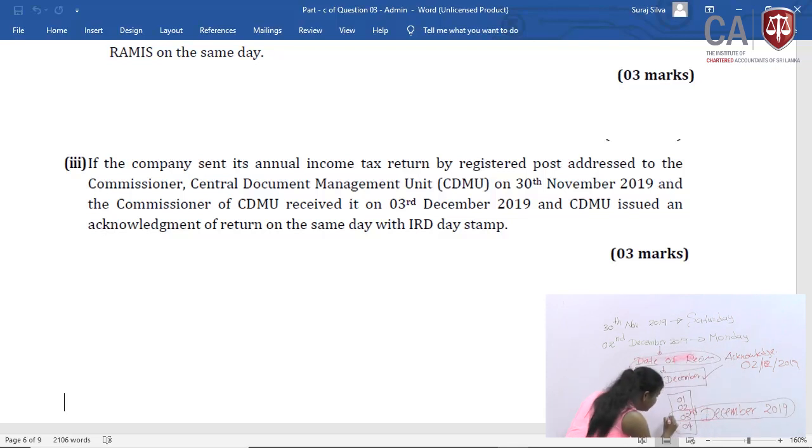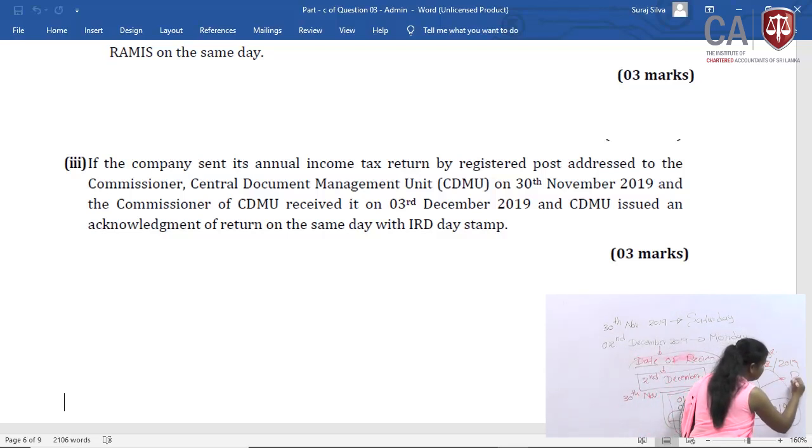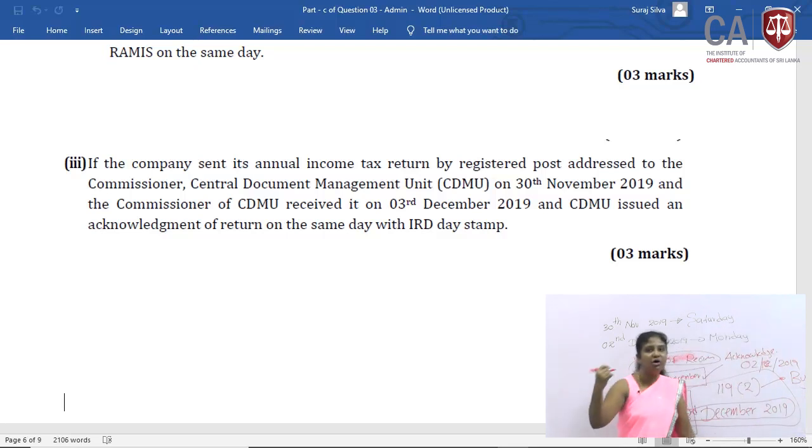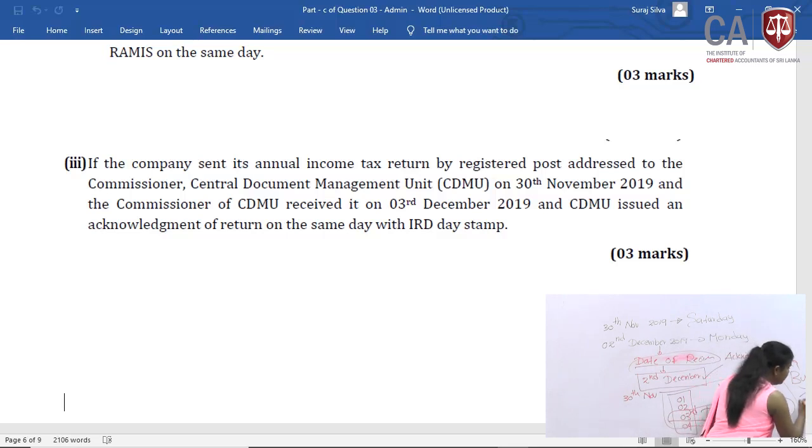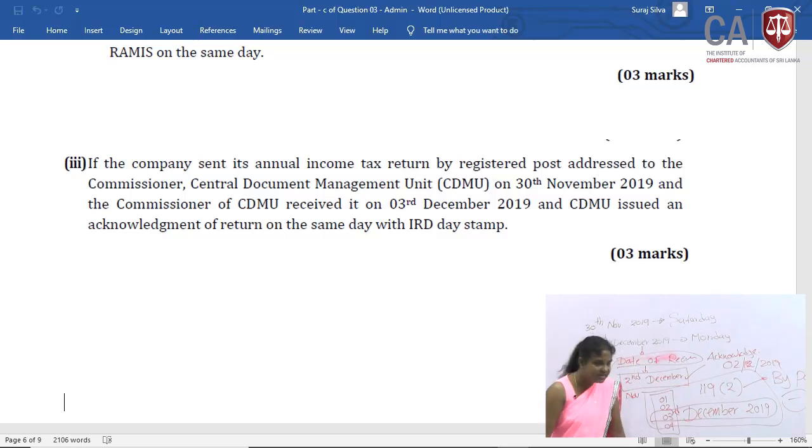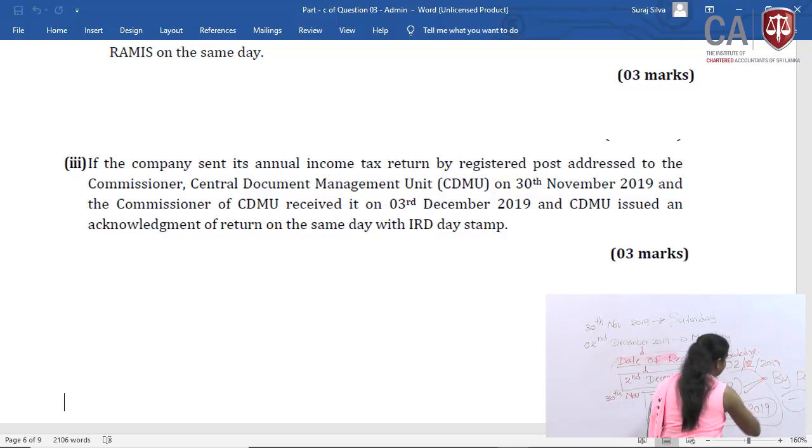Is it in line with the provision of section 119 subsection 2? Yes, very clearly it is in line with section 119 subsection 2, which says if the return is sent by post, within 4 days of the postmark date it is received by the Department of Inland Revenue.